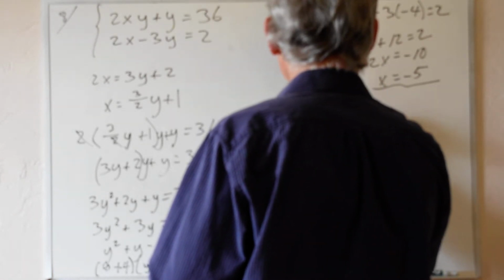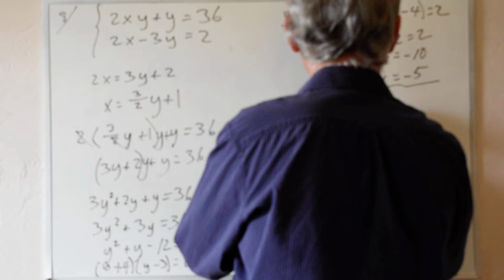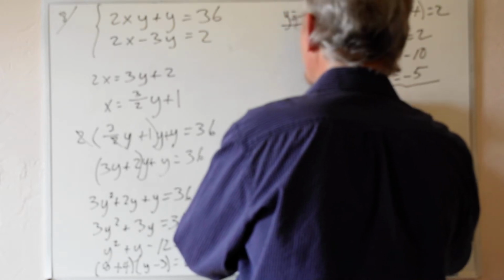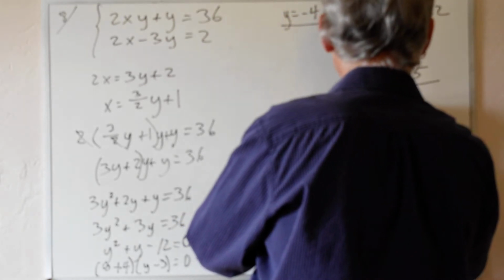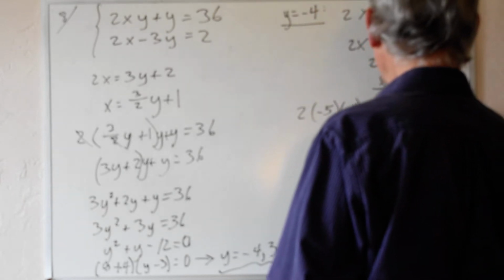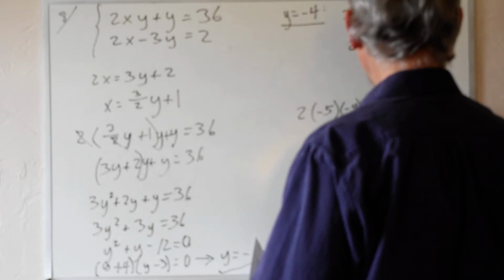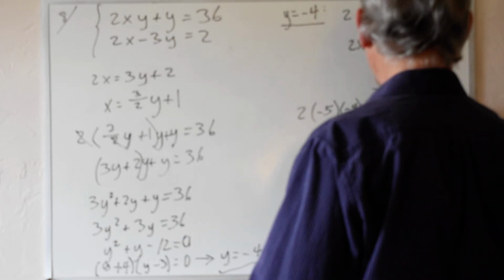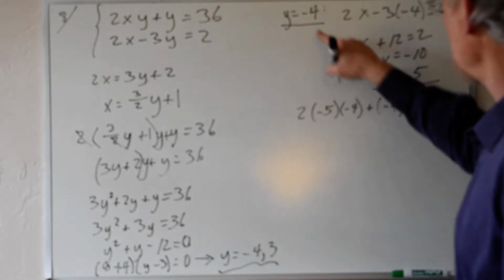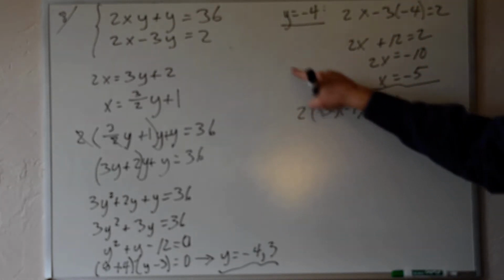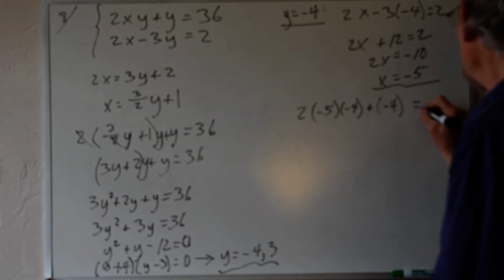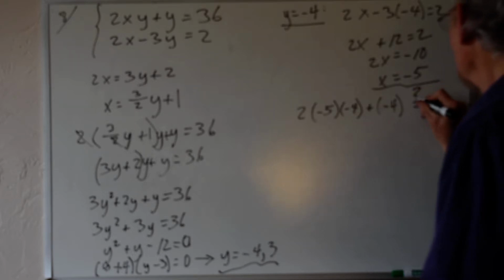2 times -5 times y equals -4 equals 36, hopefully. Well, this is 2, sorry, plus y again, which is -4. All right, so here's how I have substituted into the left-hand side of that equation. This is supposed to equal 36.